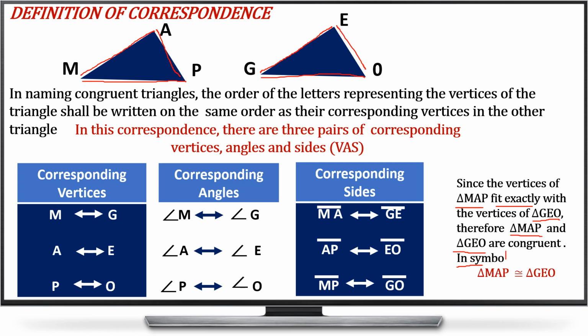In symbol, pag sinulat po natin ito, triangle MAP congruent to triangle GEO. Ibig sabihin nun, masasabi natin na yung dalawang triangle ay congruent dahil lahat ng kanilang corresponding vertices, angles, and sides are fit together.